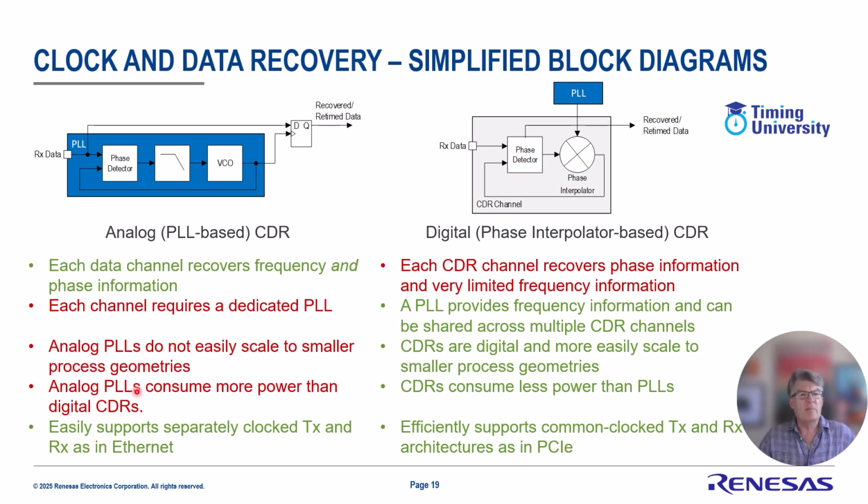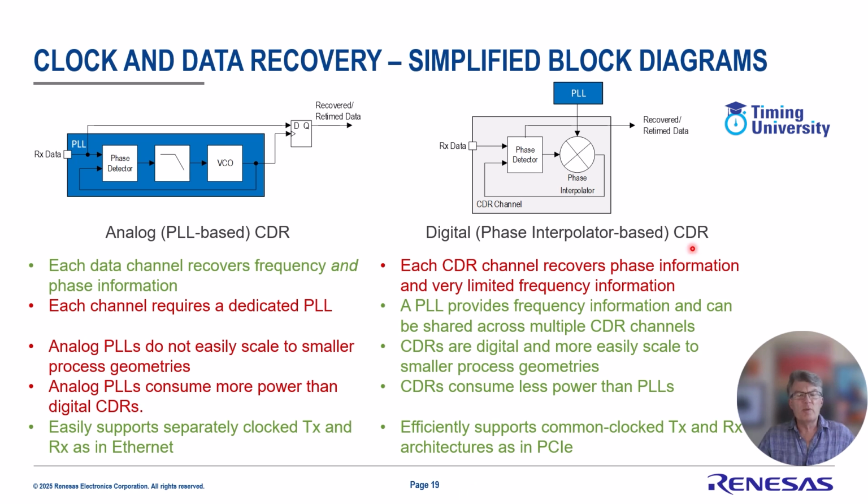And then analog PLLs consume more power than digital circuitry, and so there's an issue there as well when you're trying to build large numbers of transmit-receive pairs. And then the plus side again on the analog is it easily supports separately clocked transmit and receive, which is what is used for Ethernet.